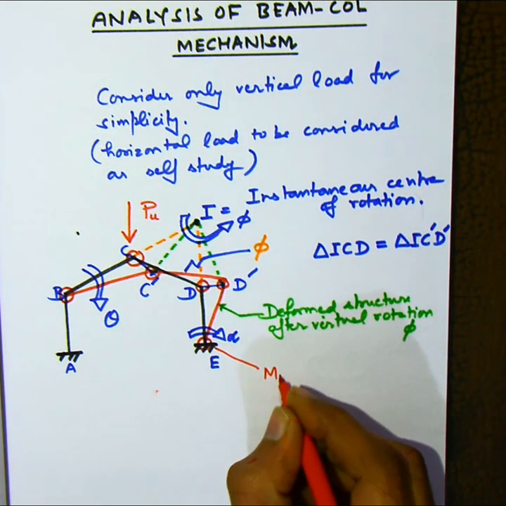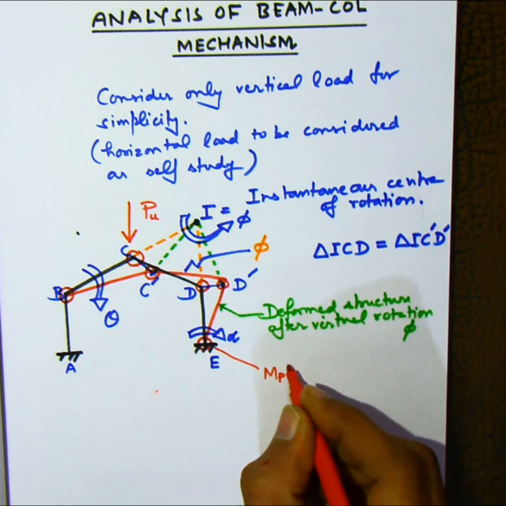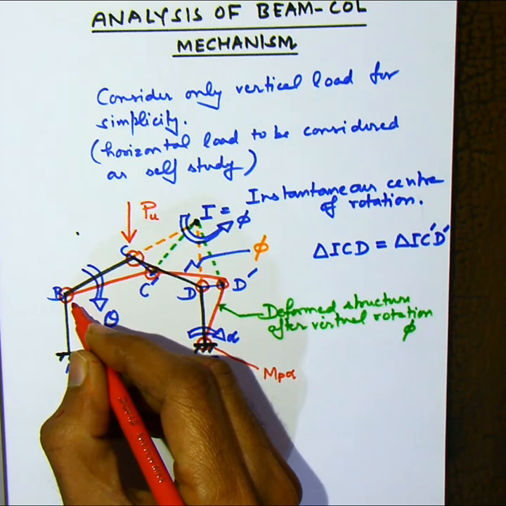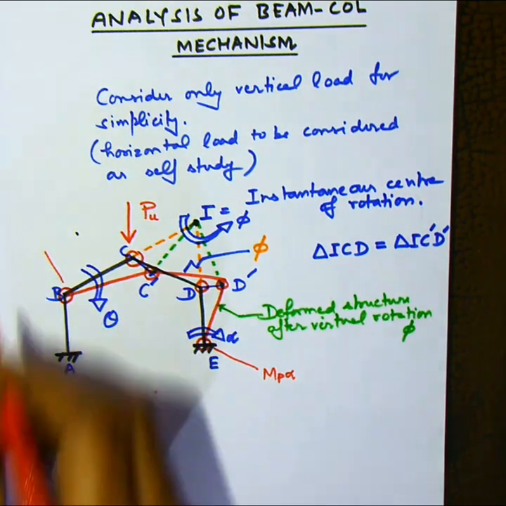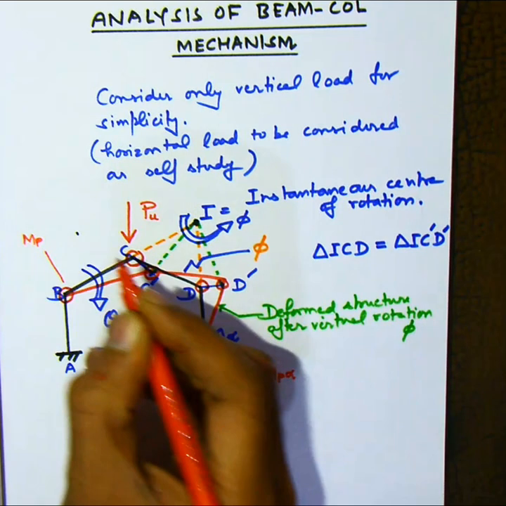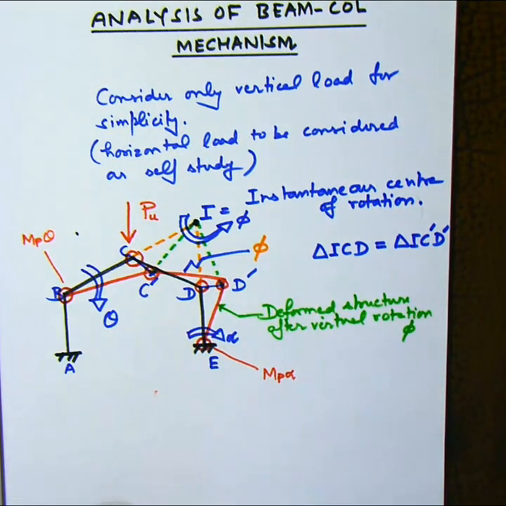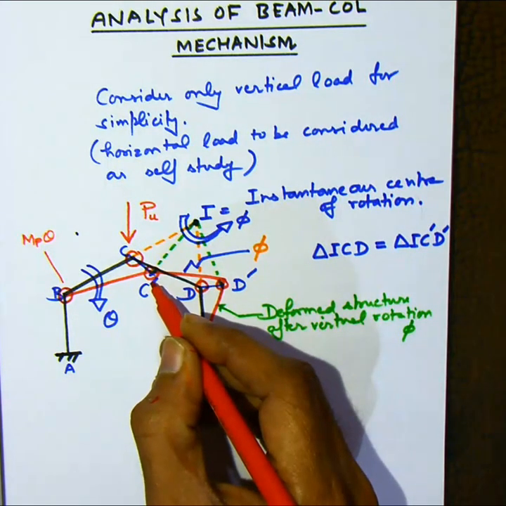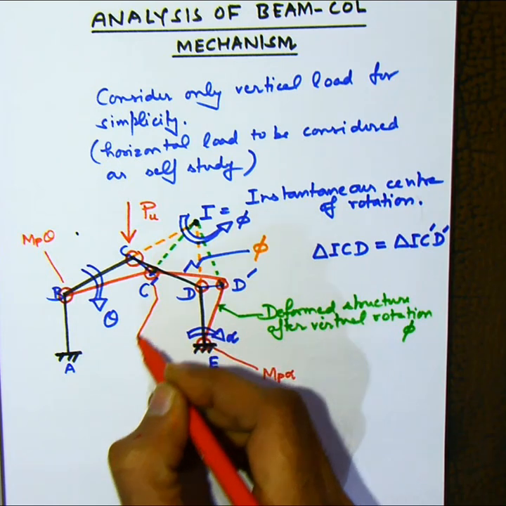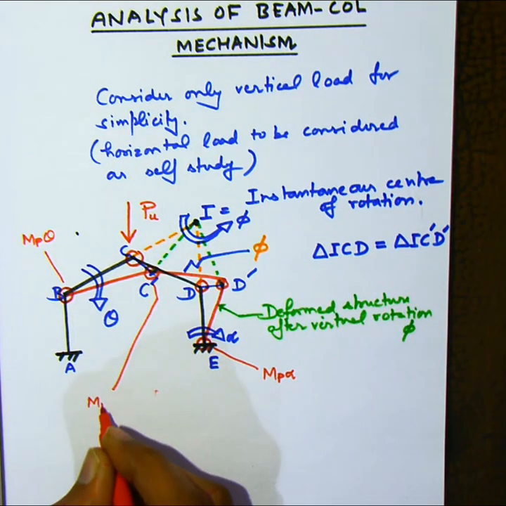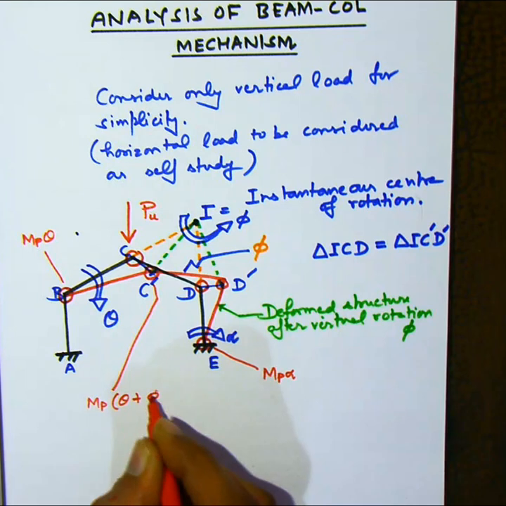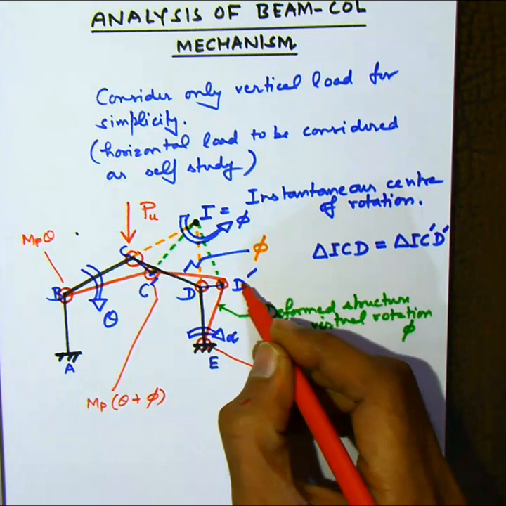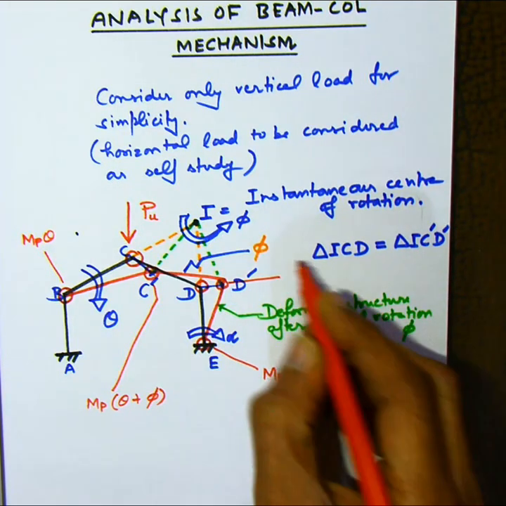Once we have these rotations, we can very easily say that the work done at E is Mp into alpha and the work done at B is Mp into theta. Now what will be the work done at C? At C there will be a net rotation equal to theta plus phi, so the work done will be Mp times (theta plus phi). Similarly, at D the work done will be Mp times (alpha plus phi). I hope this is clear, like in the case of regular frames.